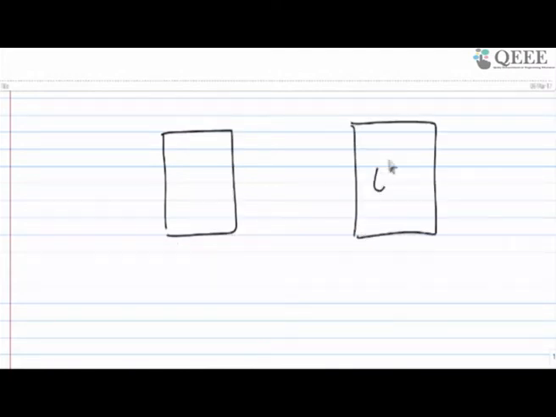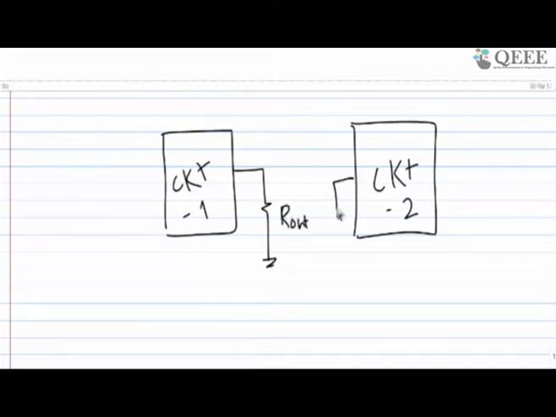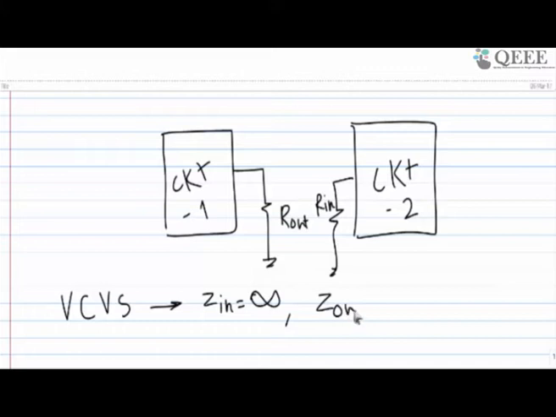If you have one circuit here and one circuit here, this will have some output resistance and this will have some input resistance. We agree that for a voltage controlled voltage source, the input impedance has to be infinity and the output impedance has to be 0. If that is what is seen from your circuit, then you can declare that circuit a VCVS.